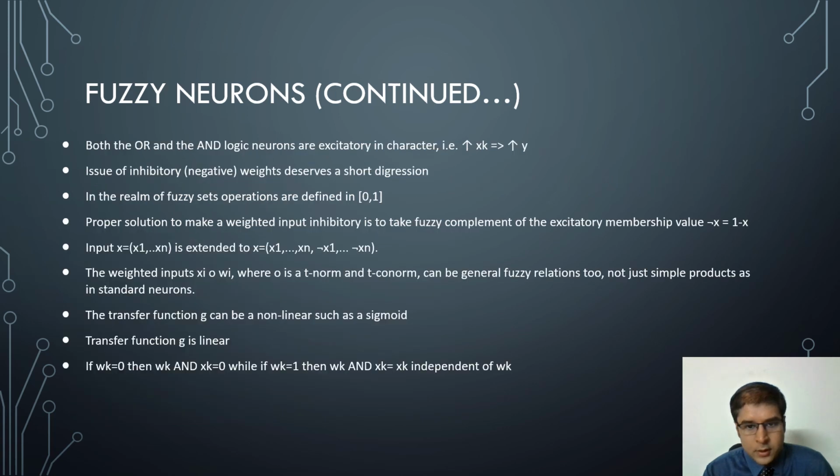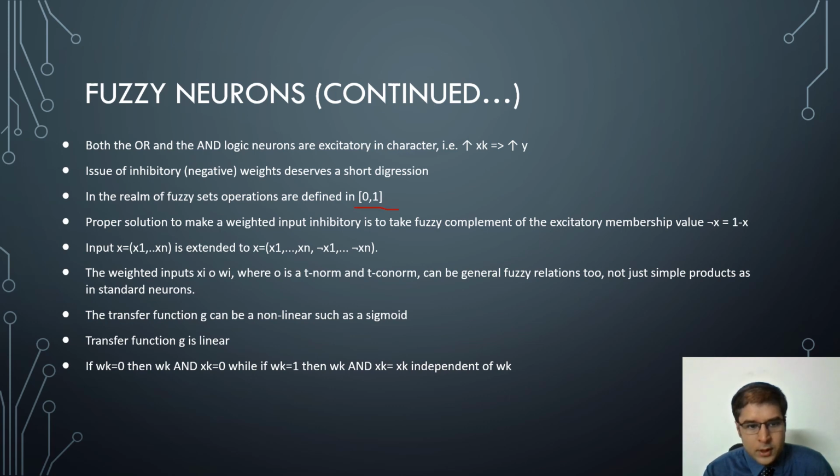That is, x_k implies y. So any excitation in any of the inputs will cause the output to excite. The issue of inhibitory negative weights deserves a short digression. In the realm of fuzzy sets, operations are defined in 0 and 1, in between them, I mean, or inclusive.